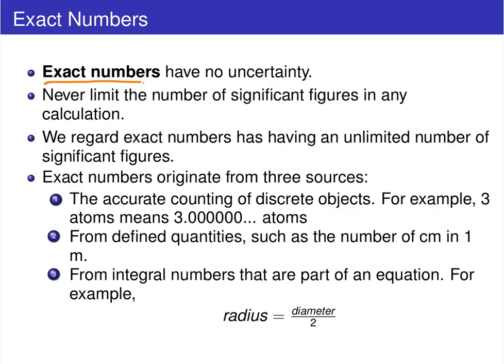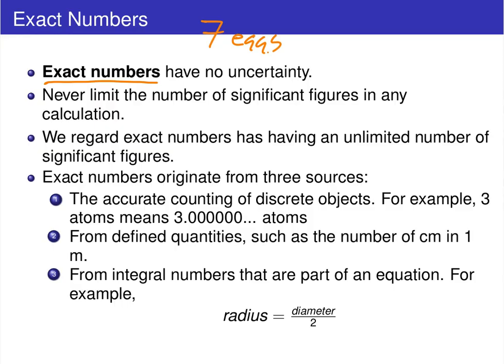So let's say we want to identify the number of eggs that you have in your refrigerator. So if you go to your refrigerator, open up the refrigerator, and start counting eggs, you're going to come out with a number, let's say 7. Okay, so you take that measurement, 7 eggs. Now you want to think, was there uncertainty associated with that measurement?